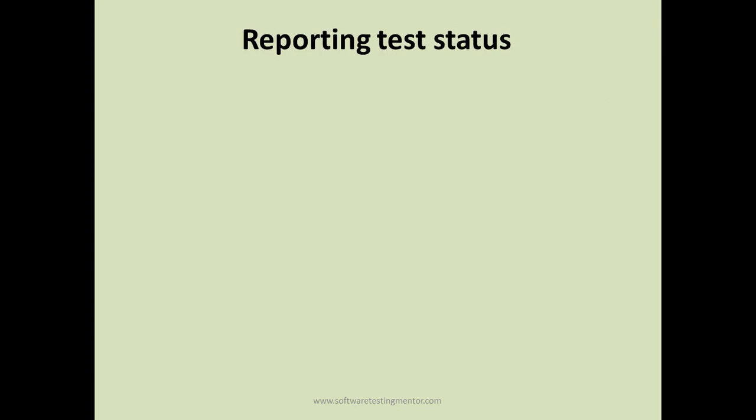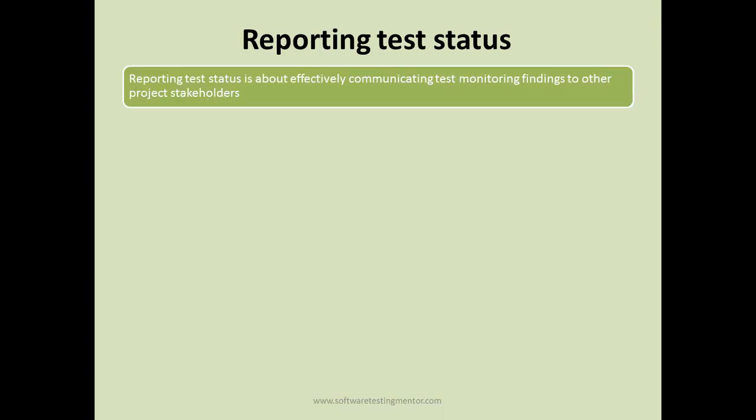Then reporting test status. Reporting test status is about effectively communicating test monitoring findings to other project stakeholders. Once you have the test monitoring metrics, you do not just make a note of those metrics and keep them.